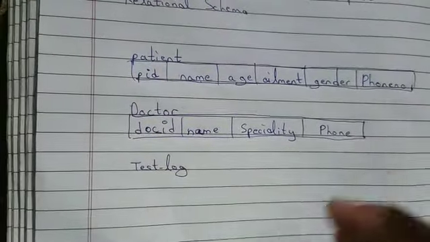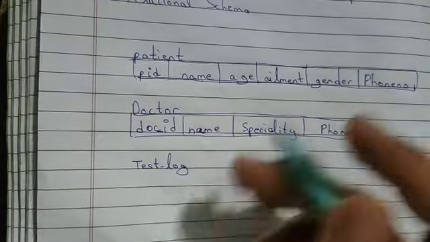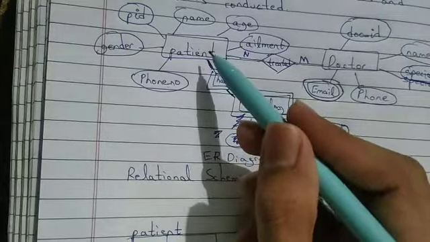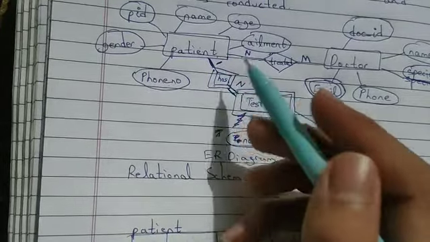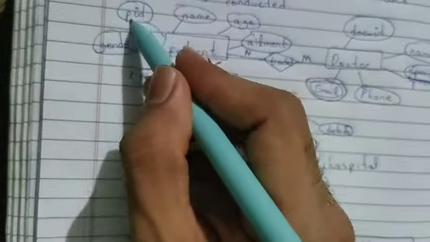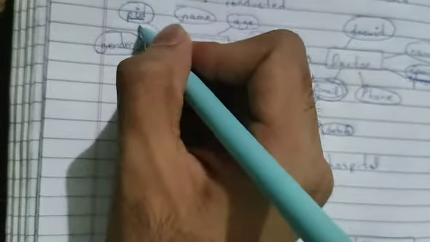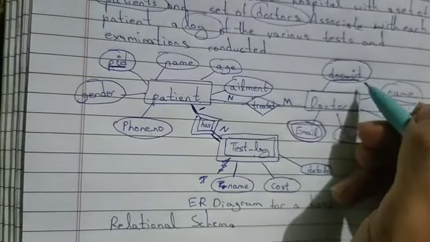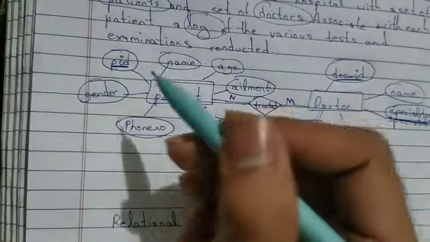Now if you look at our test log, it is a weak entity, and it is dependent on our patient. So in order to uniquely associate our test log with our patient, we will need the primary key of the patient. I forgot to underline: this is the primary key of our patient table and this is the primary key of our doctor entity.